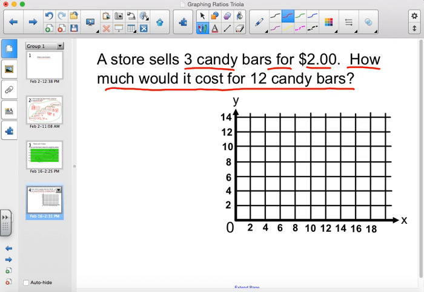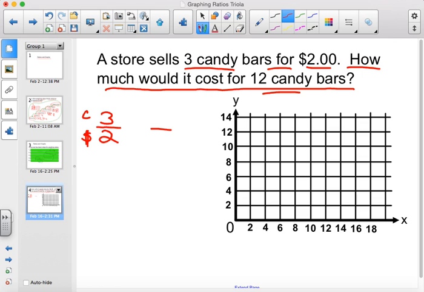Now, we know from our experience that the first thing we want to do if we want to find out the cost of 12 candy bars, we can do it mathematically by setting up an initial ratio of 3 to 2. And then doing this mathematically to form a proportion. So we have our candy bars and we have our money.